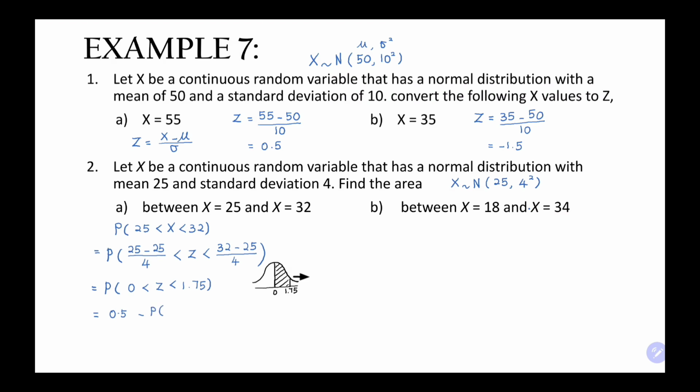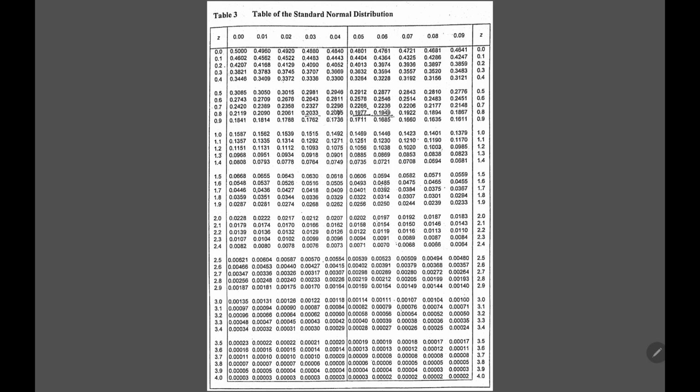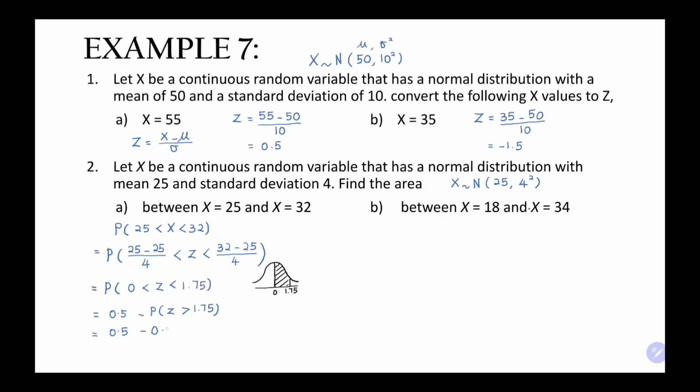This one adalah P(Z greater than 1.75). Okay, 0.5 minus, since the symbol is greater than and the value is positive, so kita boleh direct check table. Then we find Z 1.7 and 5. So 0.0401. Then we solve, we get answer 0.4599.